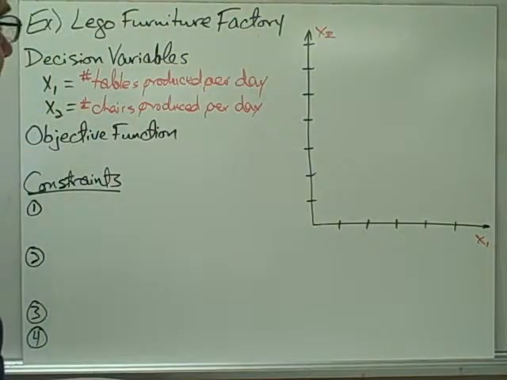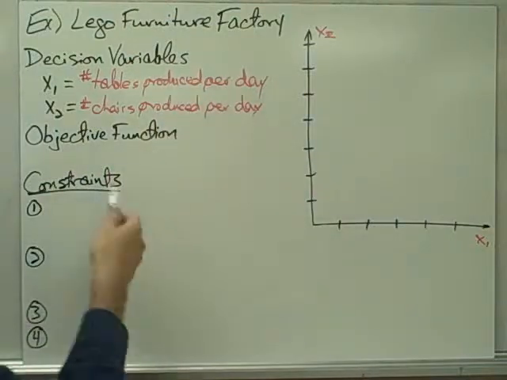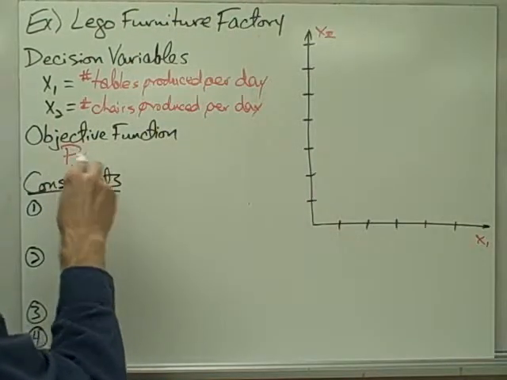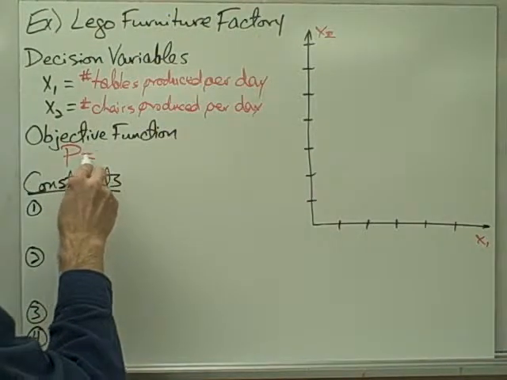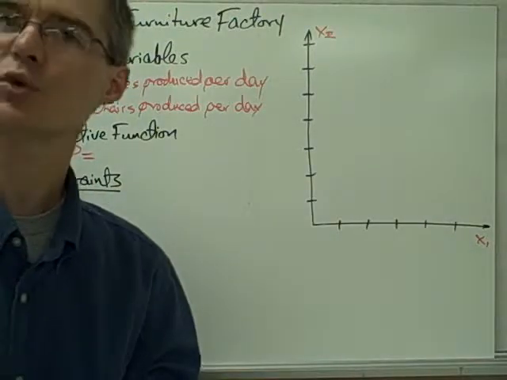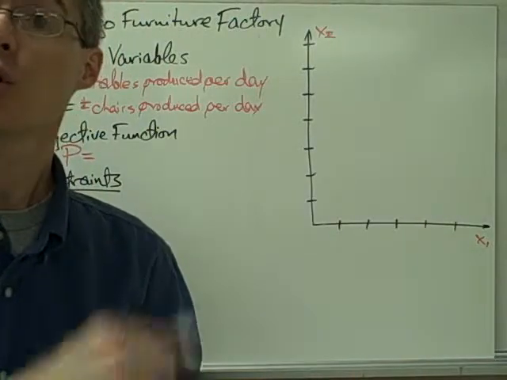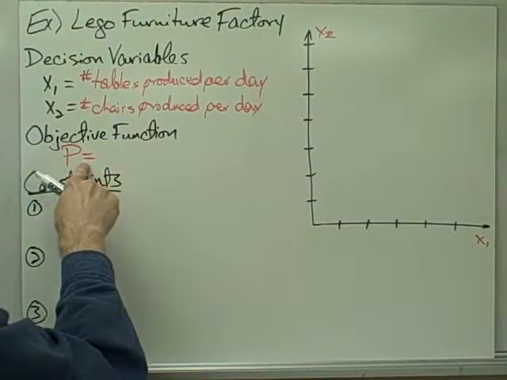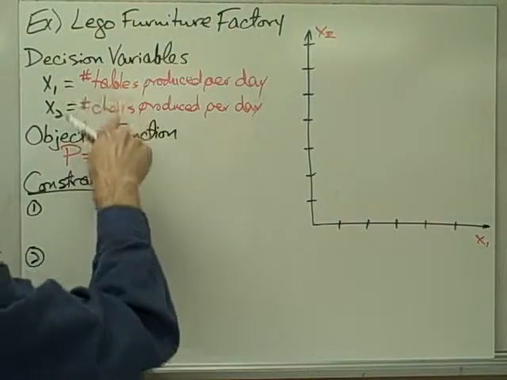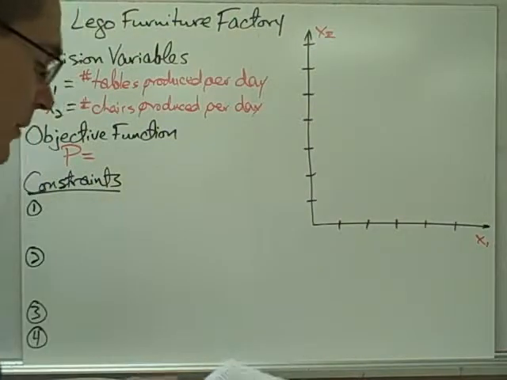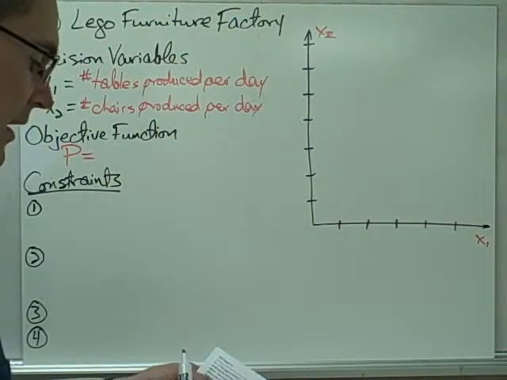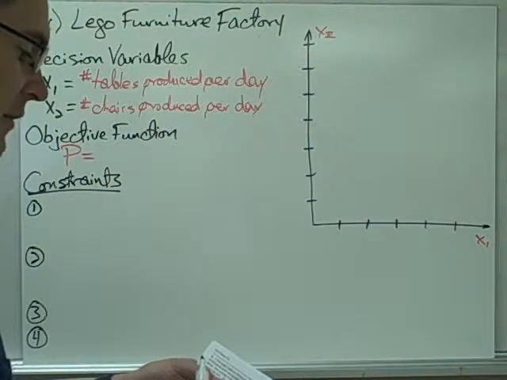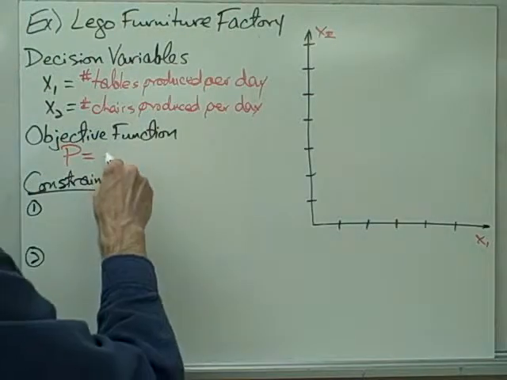Now, the objective function for this particular example, we actually are going to call it a profit function because we're trying to maximize the amount of profit we're going to make selling our tables and chairs. Well, our profit is going to depend on how many tables and chairs we sell. And we're told that Lego Furniture Factory makes a profit of $16 for each table sold.